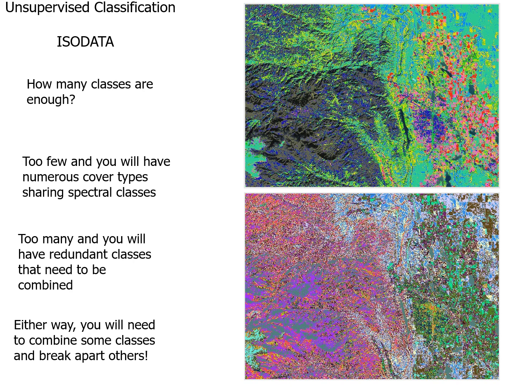So we've seen the case where there are too few. If you have too many, you're going to wind up with redundant classes. So you might wind up with 4 kinds of water, which is okay, sort of, in theory.